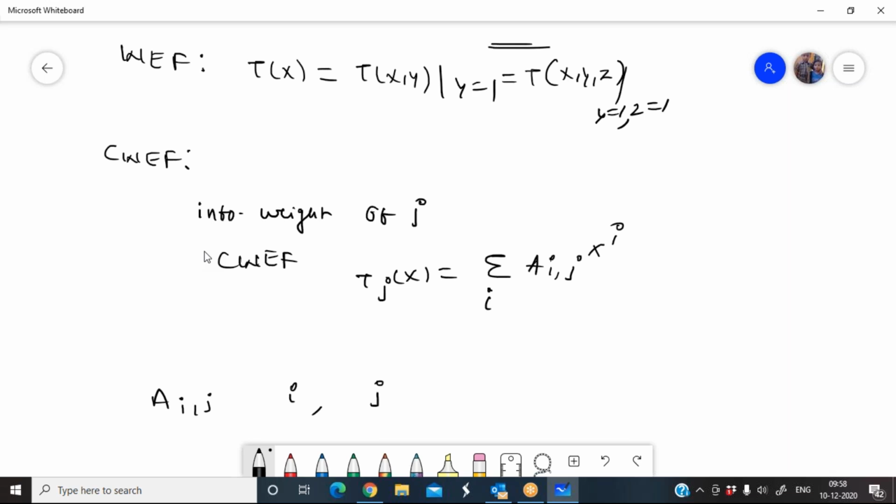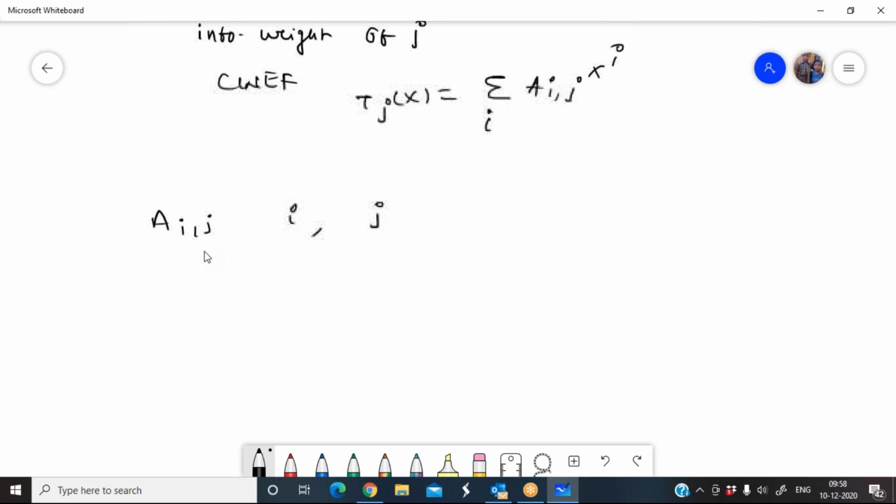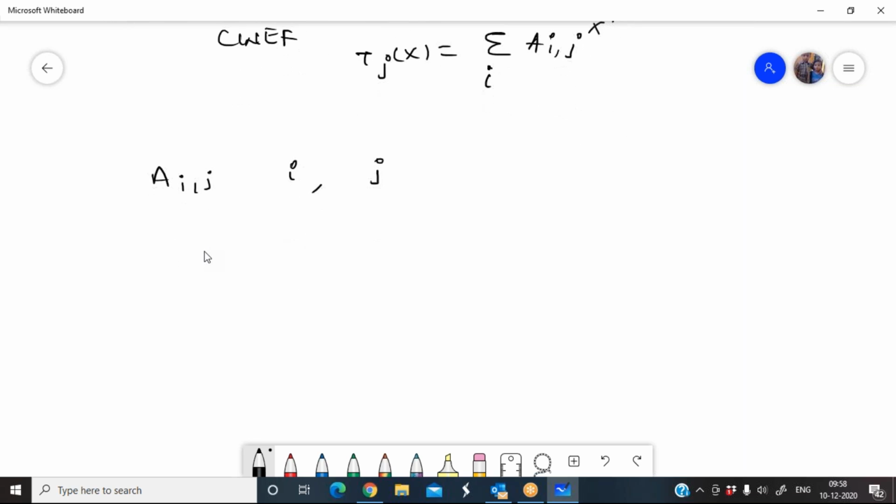So this is the conditional weight enumerating function. Now I want to write the input output weight enumerating function in terms of the conditional weight enumerating function. T of x comma y equals sigma j y power j T j of x.